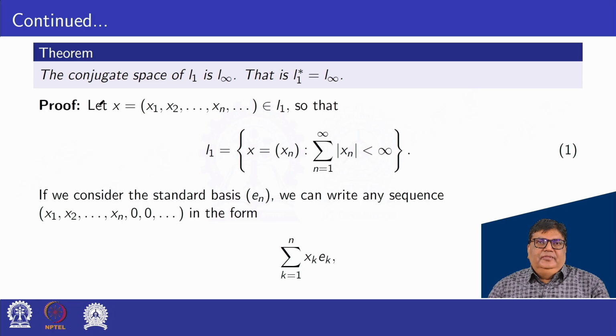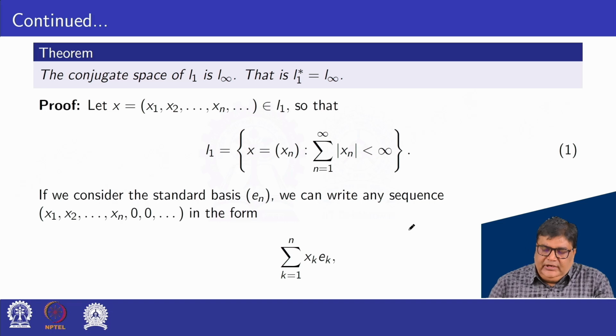Proof: let x be an infinite dimensional vector belonging to L1. Then the summation over n from 1 to infinity of mod xn is less than infinity, that is, the sum of mod xn is bounded.